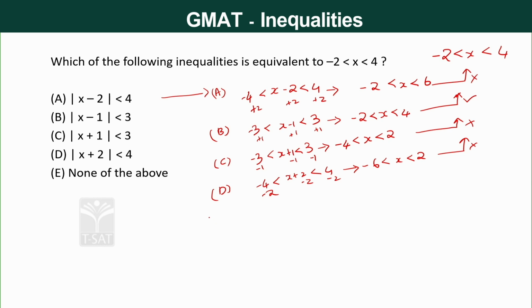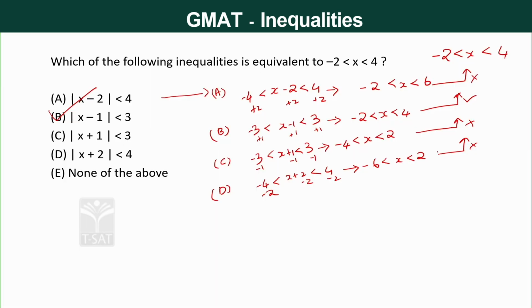So, the answer is option B. We saw the concept of modulus in this question. I hope you remember this, that if |x - 2| is less than 4, then x - 2 will be between 4 and -4. Let us look at the next question.